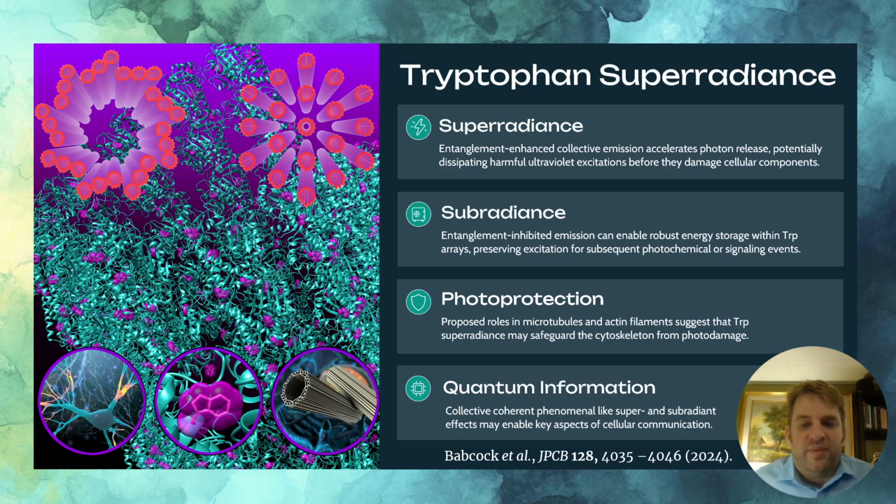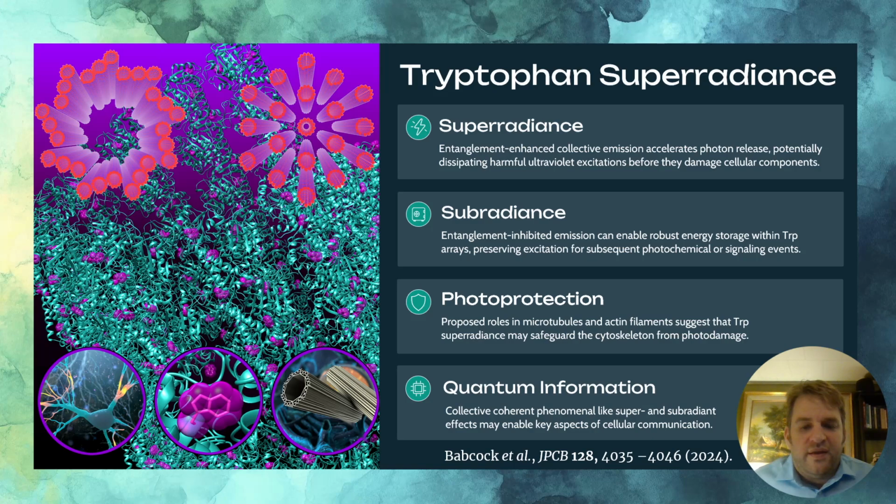For example, microtubules or actin filaments in the cytoskeleton, the structural network of the cell, could employ tryptophan superradiance to dissipate potentially harmful energy, or subradiance to capture and ultimately dispose of energy in the form of UV photons to safeguard the cytoskeleton and other cellular components, for example, inside the nuclei, from photo damage.